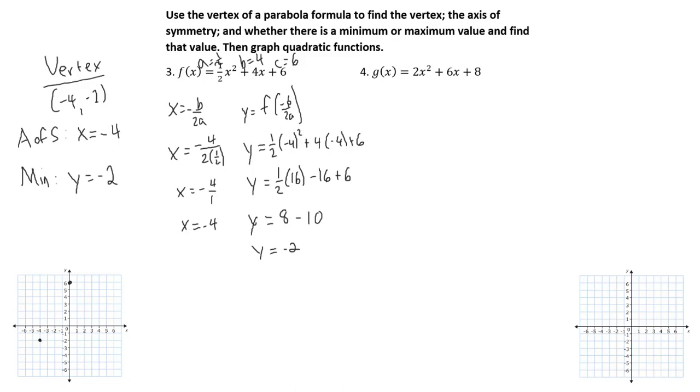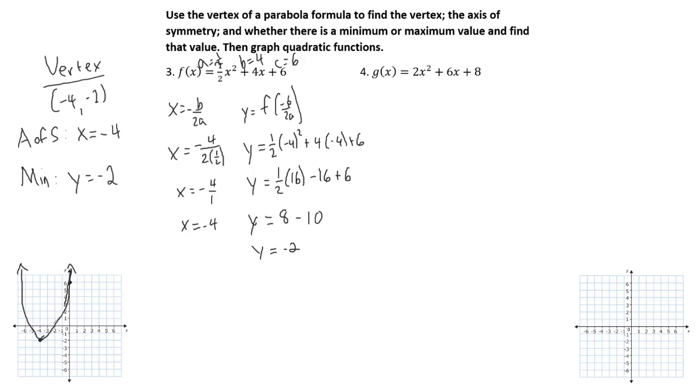All right, and then we can put that on our graph, and our vertex starts there, and our parabola looks something like that. It should be a little more curvy, not so V-shaped. All right, but as a rough sketch, you should be able to find those points.